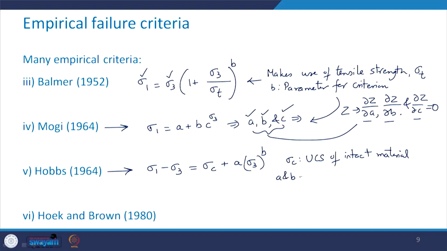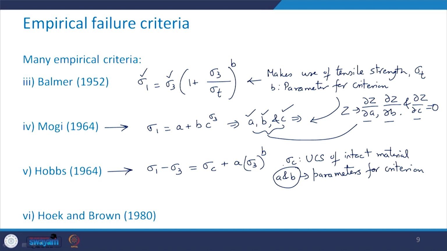A and B, these are the parameters for the criterion, and we need to again do the mathematical jugglery in order to carry out the regression analysis, and then we will be able to obtain these parameters A and B in such a manner that the difference between experimental value and the modeled value is minimum for that data set.